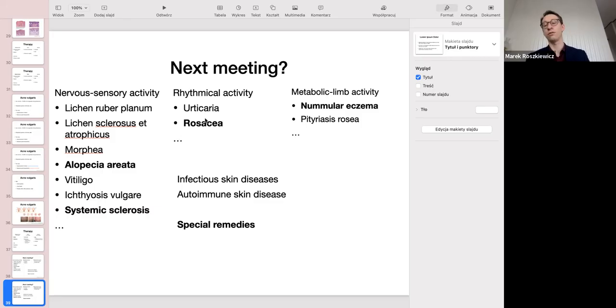Rosacea is also very often in adult patients. You know, this redness here on the face. And I thought maybe alopecia areata, because it's also quite difficult to treat, and sometimes it can be very severe, and it can cause also psychiatric problems, because we don't have hair basically.